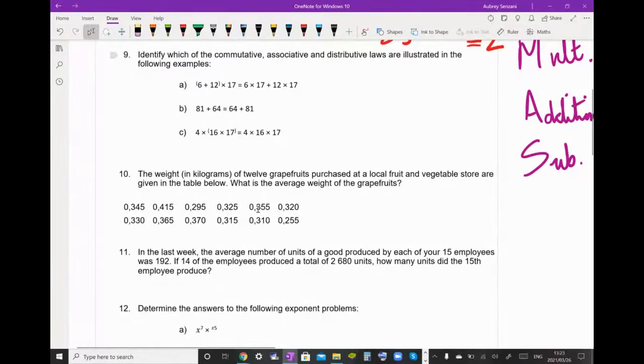And here, remember I said we would better understand these concepts when we actually do a question. So what am I talking about? Let's read the question. It says, identify which of the commutative, associative, and distributive laws are illustrated in the following. So what are commutative laws?